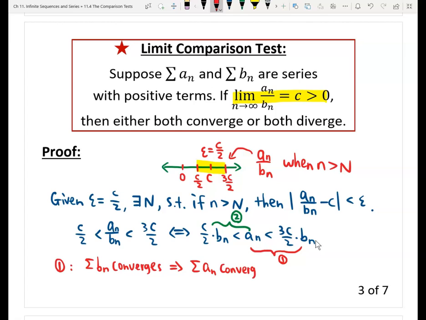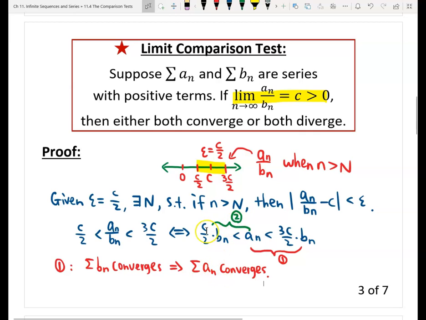Does this make sense? That's based on the direct comparison. Of course, you may ask, this direct comparison is only for n large enough. But don't worry, because finitely many terms will never change the convergence or divergence. So this should be correct.